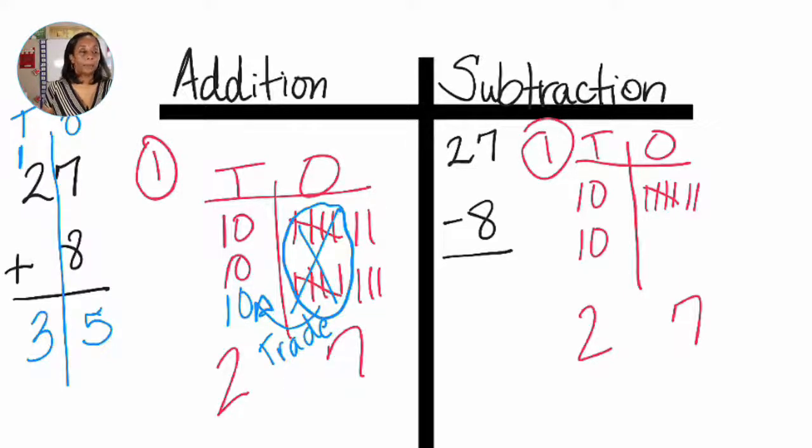Now, if you're remediating students, I do believe that you should have the algorithm and the model side by side. You probably ask, why would you do that? Because children that are being remediated or have intervention already have some understanding of the algorithm.